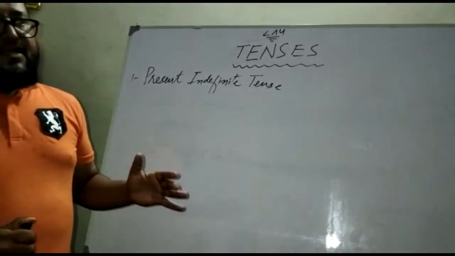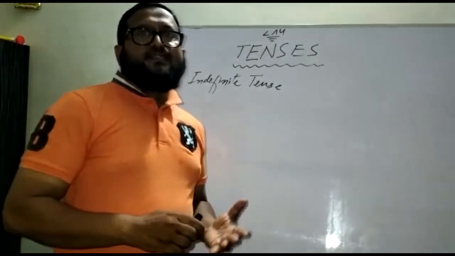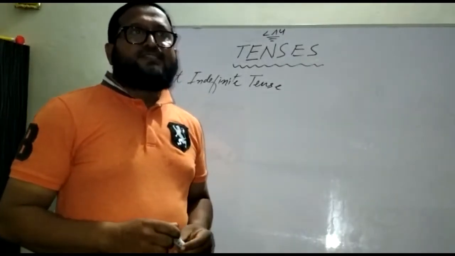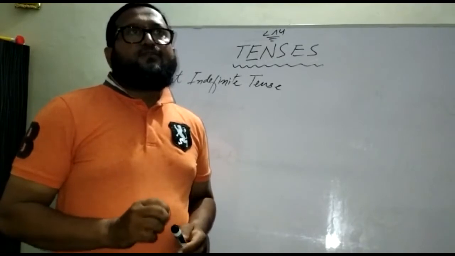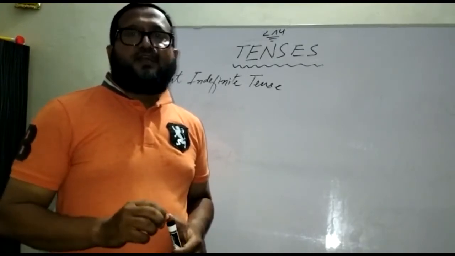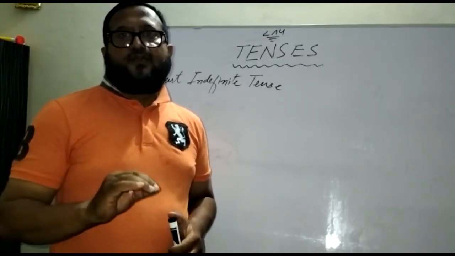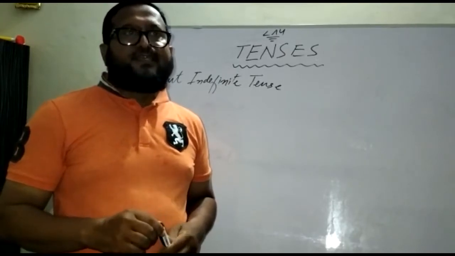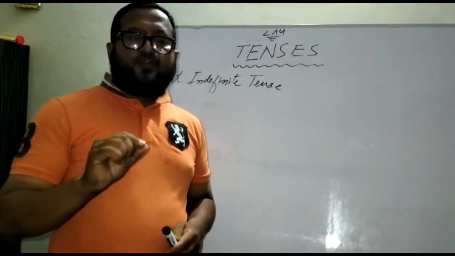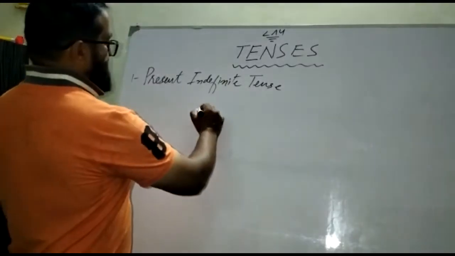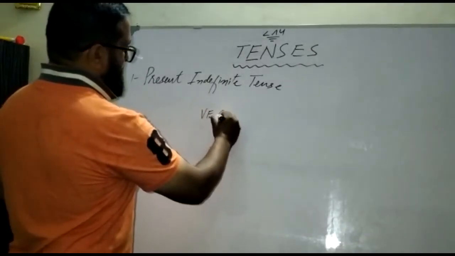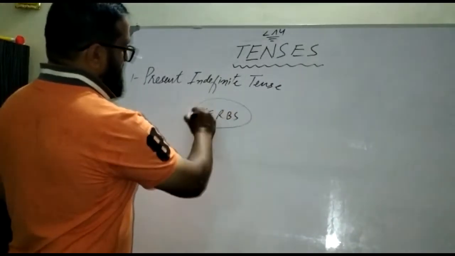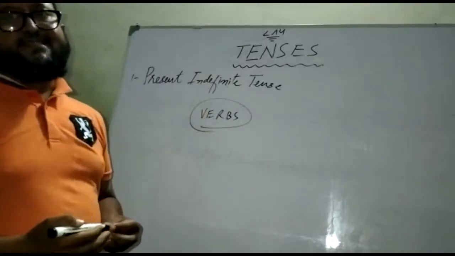If we are going into the depth of the present indefinite tense, first of all we will see what are the main components, what are the main things we are going to be concerned about. The main concern about the tenses is the verb. Only because of verbs do you divide the tenses.